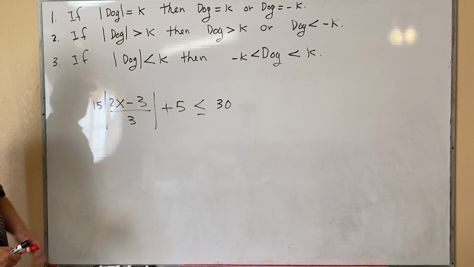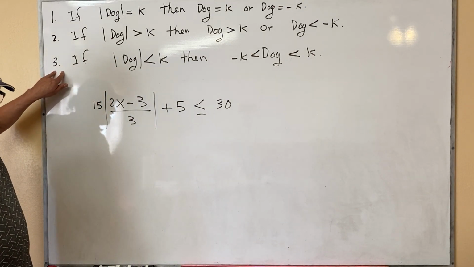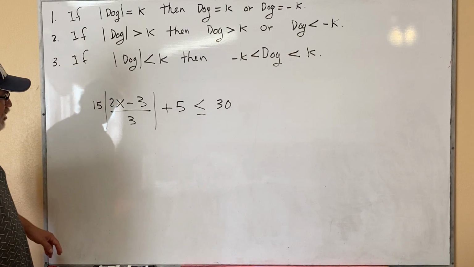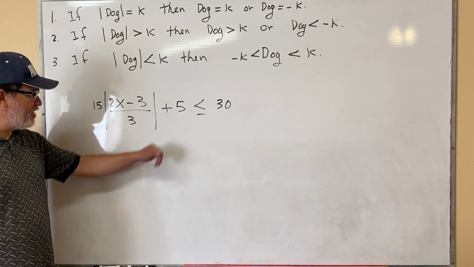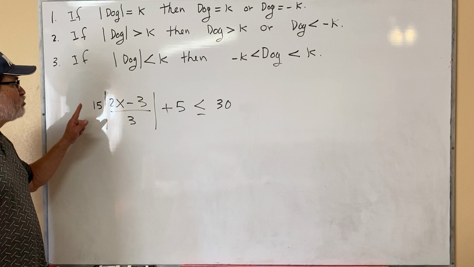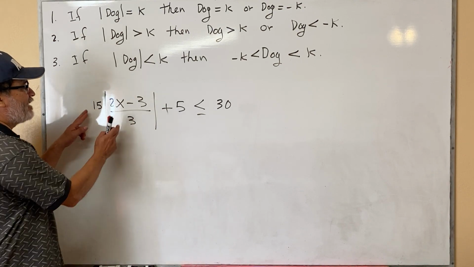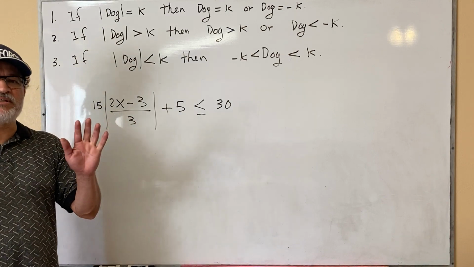Okay, look, it's the third property. But first, let's get rid of this 5 and let's get rid of this 15. Do not simplify this 3 and the 15 at this stage. That's a huge mistake.